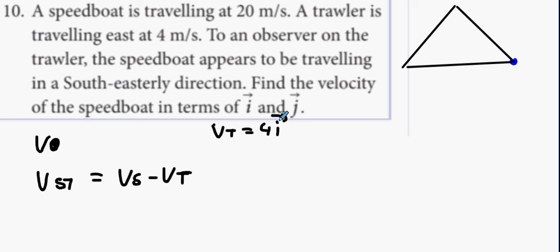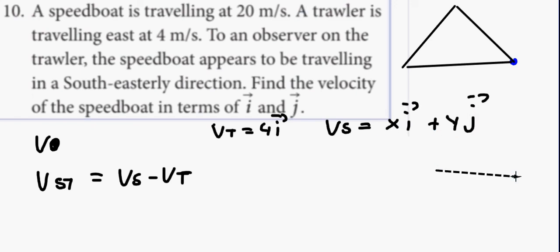And what did you use for Vs? X, Y, Z. Oh yeah, but you know the hypotenuse is 20. So if I zone in on the speedboat here, we don't know what direction it's going in.